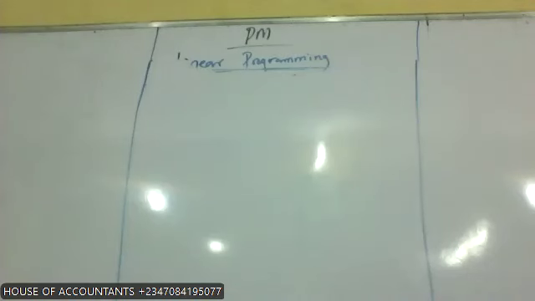Okay, let me quickly explain the dual price. After the dual prices, we then take a question on that. Do you understand? So let's read. When you say dual prices, every constraint has a dual price, also known as the shadow price.